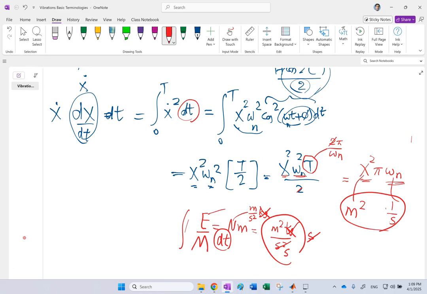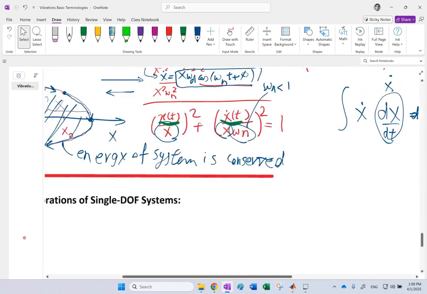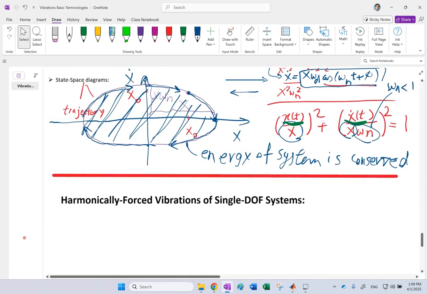And therefore, the curve should stay a closed curve, so the area enclosed by it does not change. So you see why it is related to the energy, and if there is no damping, there should be a closed curve system.